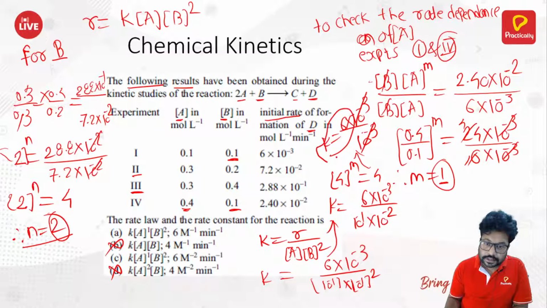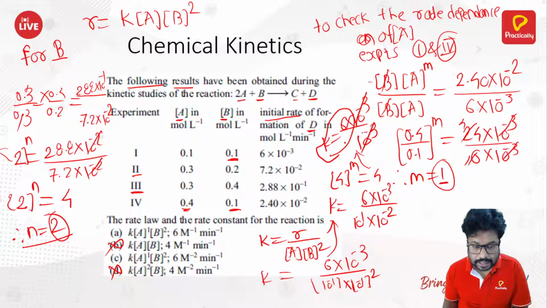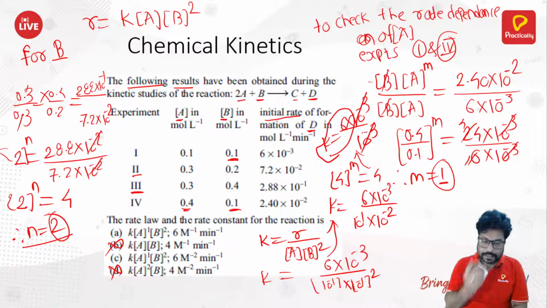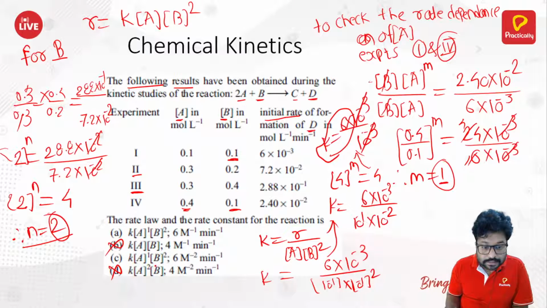K is equal to 6. And therefore, as far as this question is concerned, option A has to be the correct answer. C can't, because it is 6 per mole per minute. Mole per liter, no, it is mole per liter. So per mole per minute.